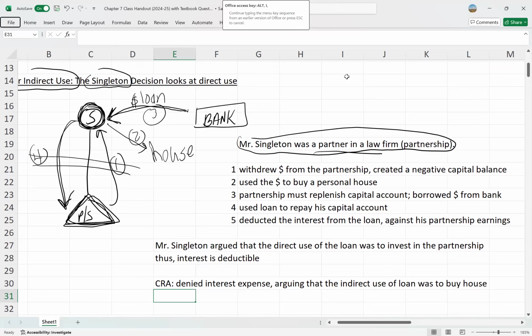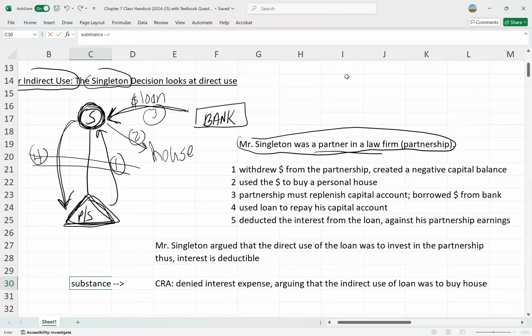If you think about it, the substance of the loan was to basically buy the house. But if we look at the direct use, which is the form of the loan, it was to fund the partnership. So this dispute went all the way up to the Supreme Court.